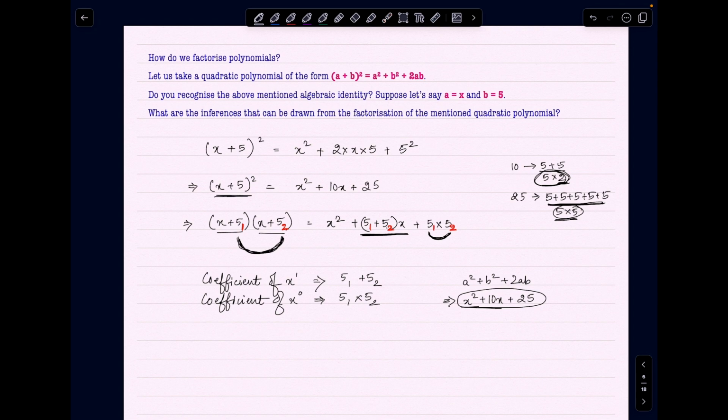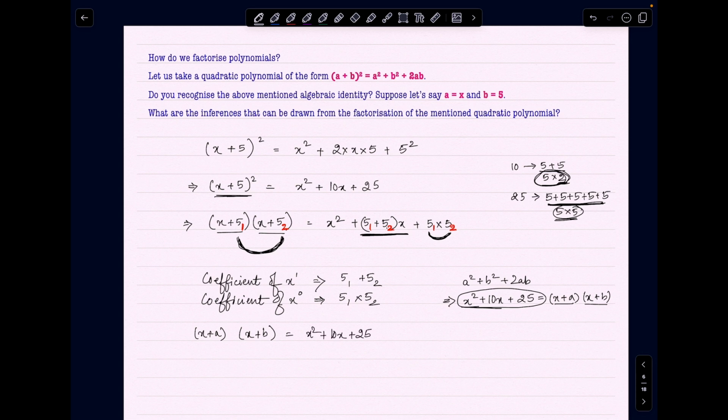Suppose I want to write this x square plus 10x plus 25 as (x plus a) into (x plus b). I'm assuming these are the two factors: the first factor is x plus a, and the second factor is x plus b. Got my point? Now (x plus a) into (x plus b) equals x square plus 10x plus 25.